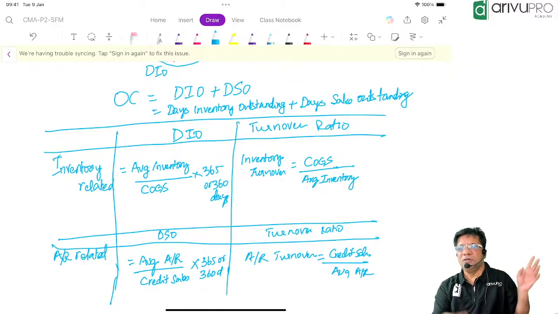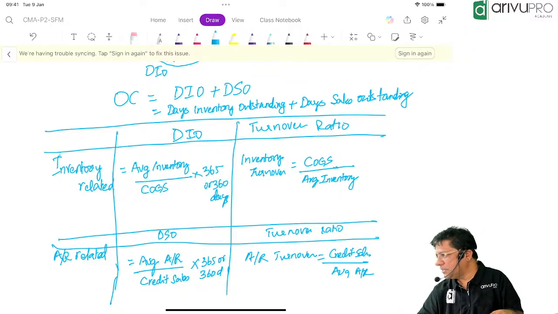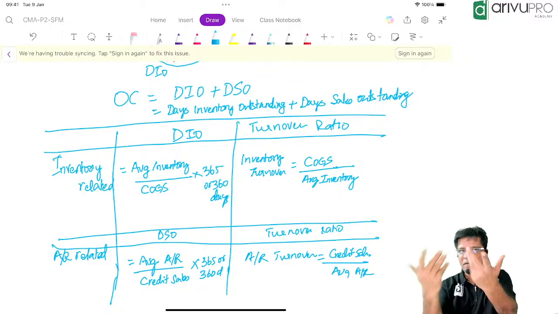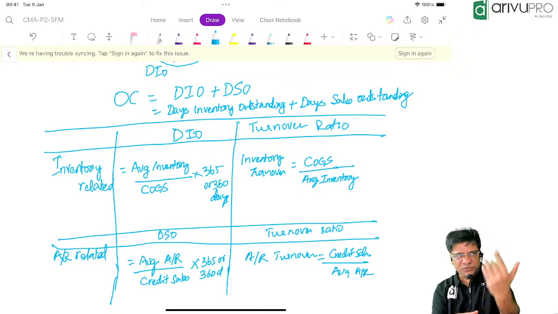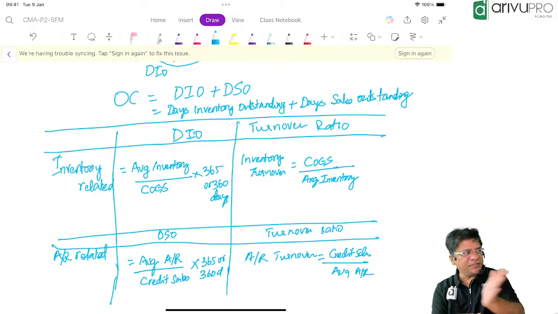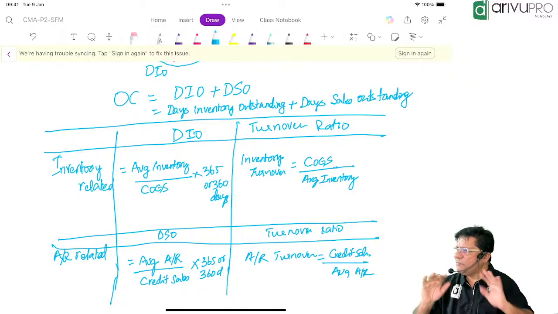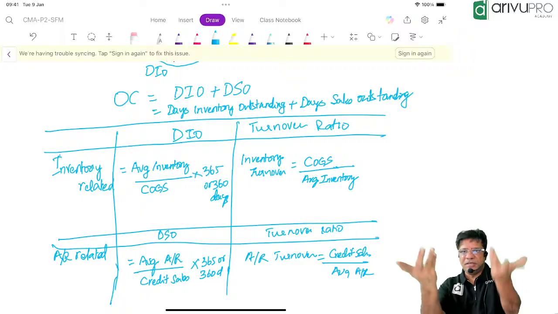Worse. You are taking 200 days, right? Your competitors are taking 120 days. They are getting cash from customers also in 120 days. They are converting raw material into work in process, shipping the goods to the customer, customer waiting time is over, and they are collecting everything. It is done in 120 days, and you are taking 200 days.